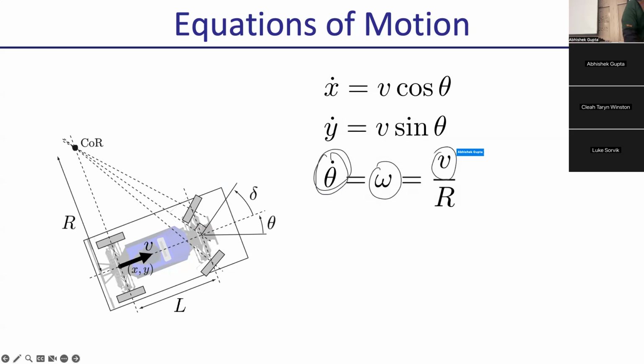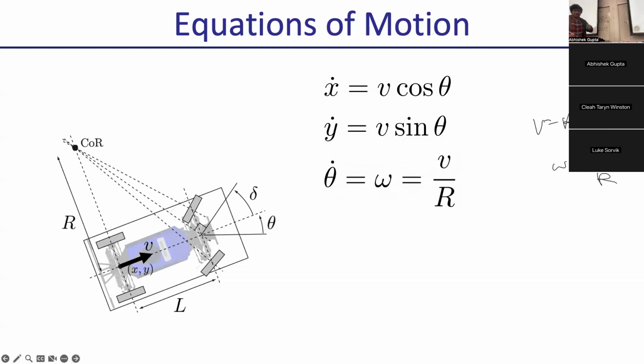If you remember high school physics, your torque is equal to I alpha, and your velocity is equal to r omega. Which means your omega, how much the heading is changing, is v divided by r. This is just from the definition of angular velocity.